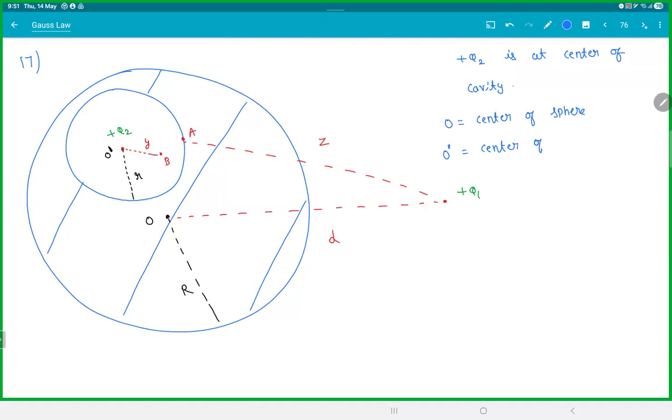O dash is the center of the cavity. Potentials are a little easy because they don't have a direction. Fields will always get messed up. Find the potential at O, A, and B, and find the potential at A only due to the conductor.